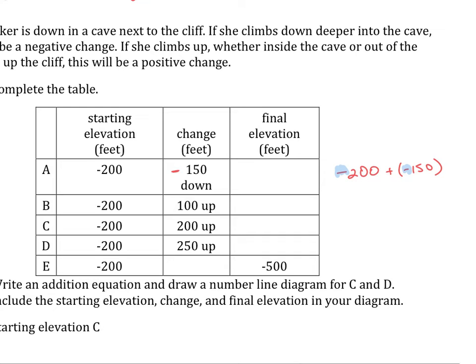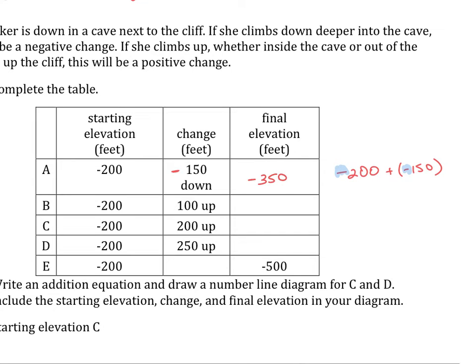And because the signs are the same, I know I'm going to have to add the absolute values. So I'm going to do 200 plus 150, which is 350. And then I also know I have to take the sign of which the problem is dealing with. So this is dealing with negatives. So I'm going to have a negative 350.